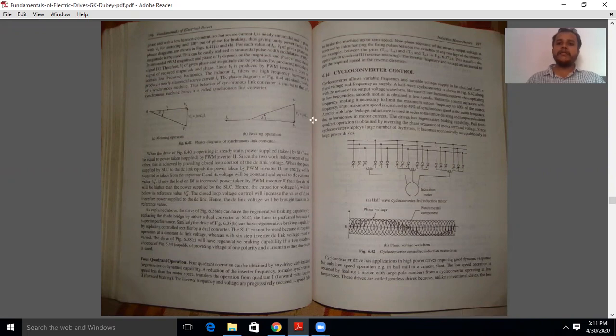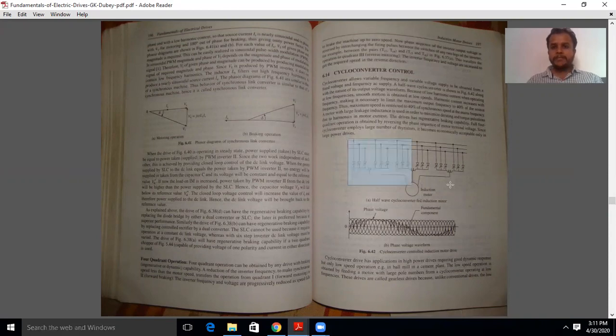So this cycloconverter mainly converts the fixed frequency or the fixed voltage into the variable frequency variable voltage supply. In this case, here we are having the half wave cycloconverter fed induction motor.